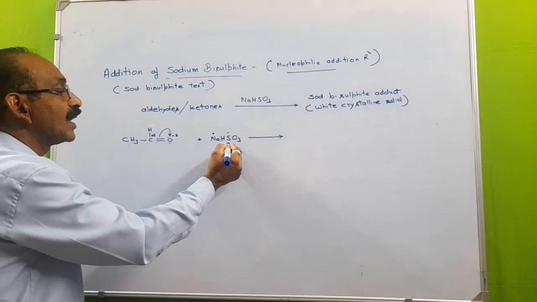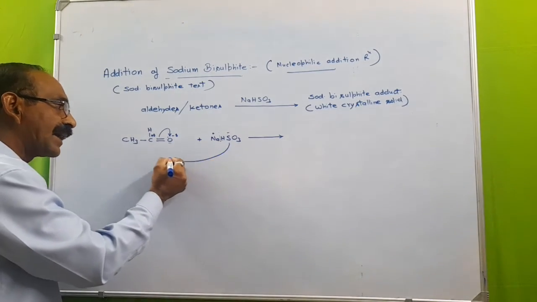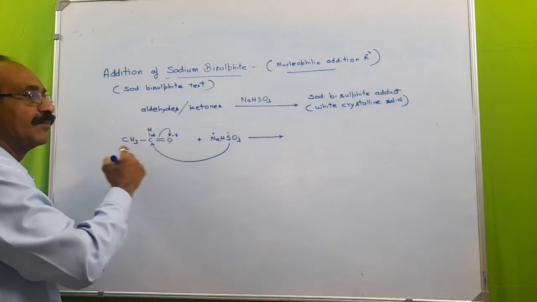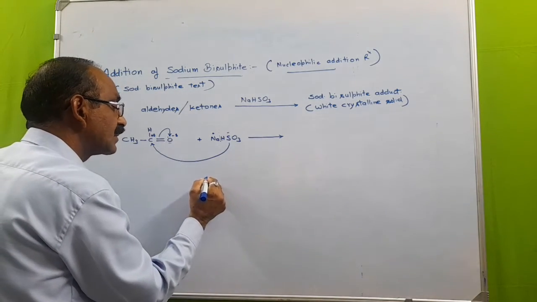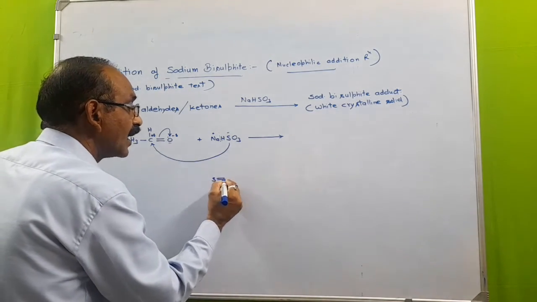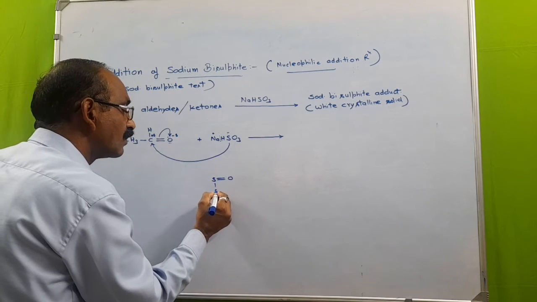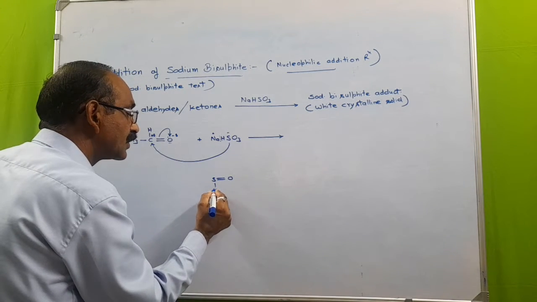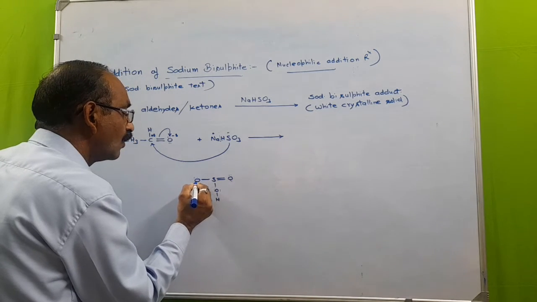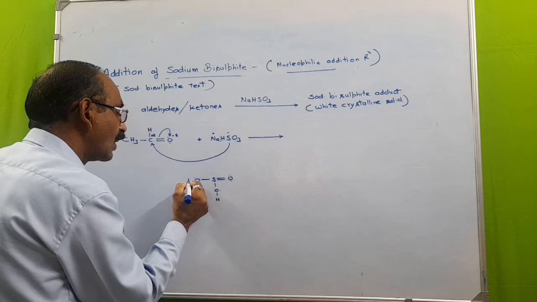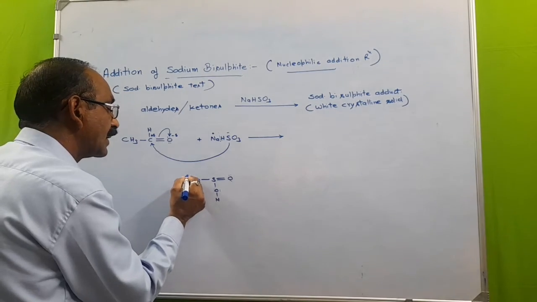Now the nucleophile attacks first here. Basically the structure of NaHSO3 is: this is the sulfur, and here it is O, OH, and here it is O and Na. Na is positive.